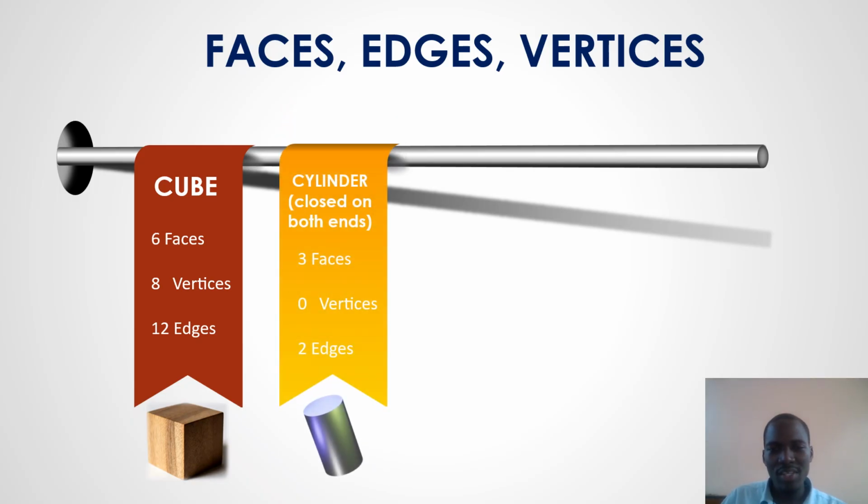We have a cylinder. If it's closed on both ends, it has 3 faces, the 2 circles, and the round surface that is wrapping around. But if it's open on one end, it has only 1 circle, which means 2 faces, and if it's open on both ends, it will have only 1 face.